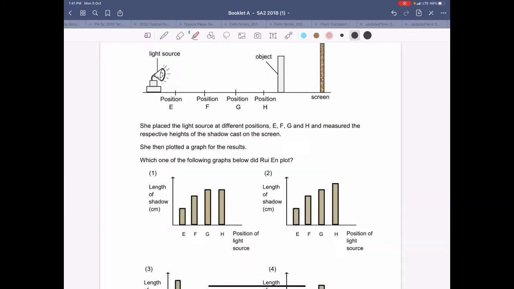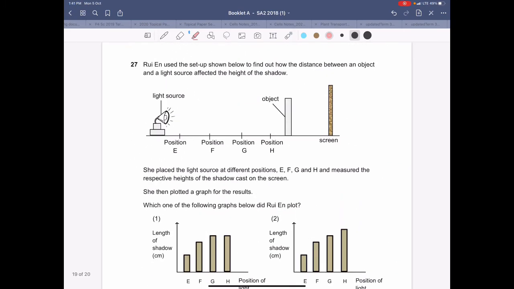27. Okay. Ray-En used the setup below to find out how distance between an object and a light source affects the height of a shadow. Now you have to remember that they're testing you on the distance of the light source, the position of the object, as well as the screen.